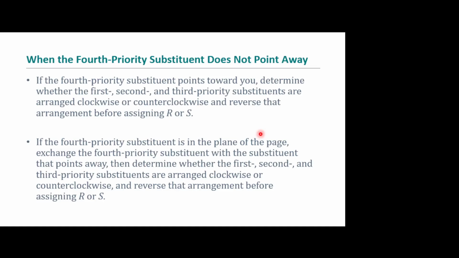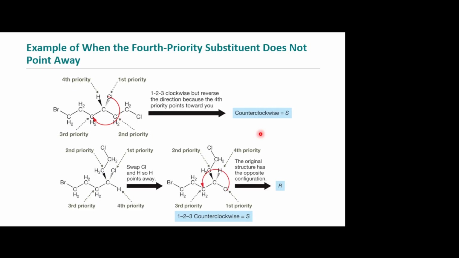So you assign the same sort of priorities as you would have before, and then again, you're going to flip that chirality. Don't forget to do the swap. Things will get very confusing very quickly if you forget to do the swap. Okay, let's look at some examples real quick.